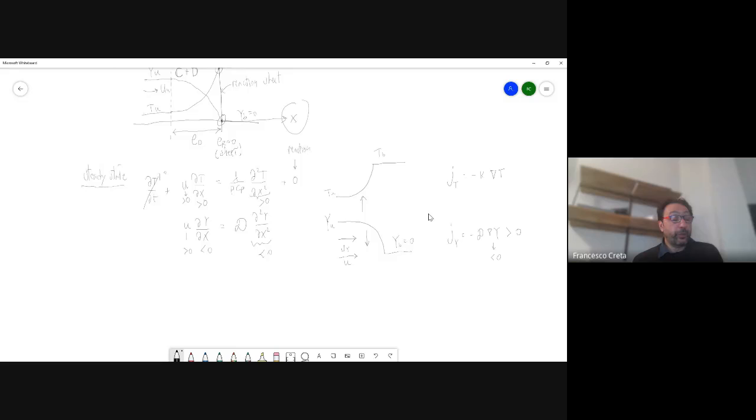For the temperature, the gradient is positive, so the flux is in the opposite direction. So this is the flux of temperature in the opposite direction of the convection. So essentially, you have these three phenomena.